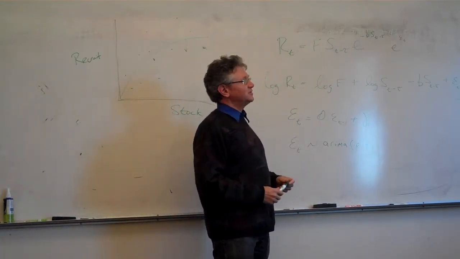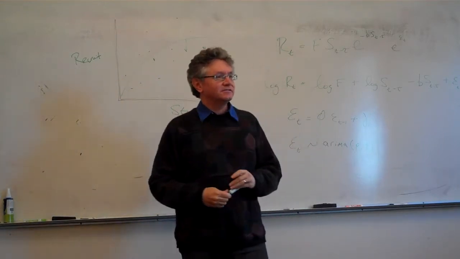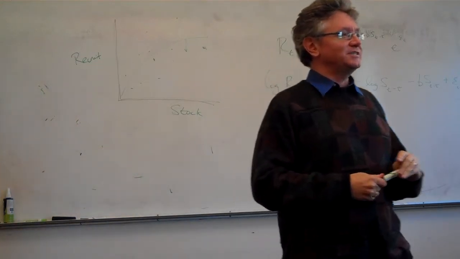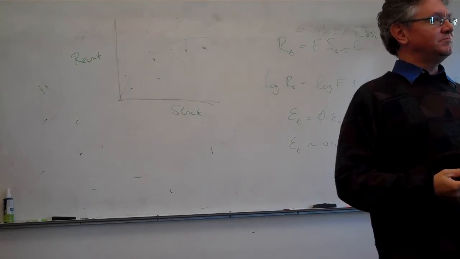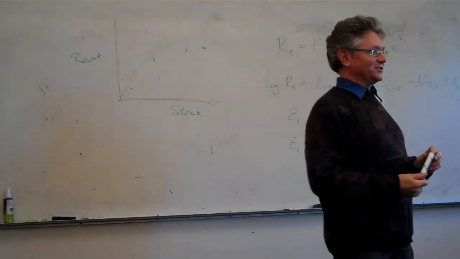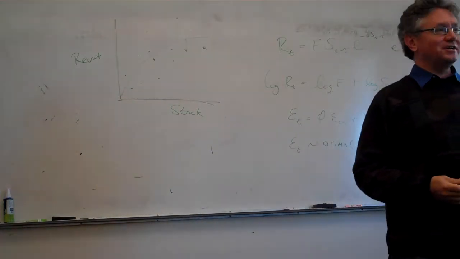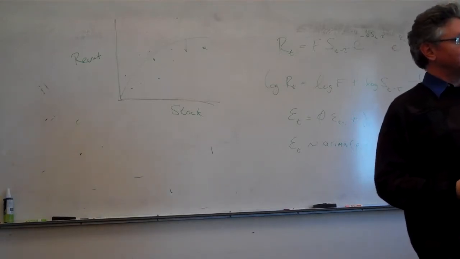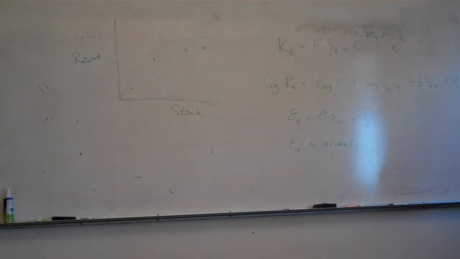Well, what's the unconditional expected value of epsilon? It's 0. Yeah. So there shouldn't be a trend in epsilon. In fact, as long as you're using least squares, there might well be a nonlinear trend in epsilon, but you're certainly not going to have a linear trend in epsilon. If there is, you're doing your least squares wrong.